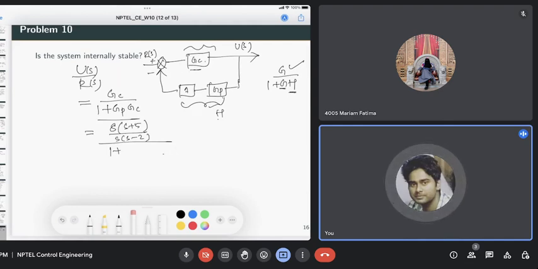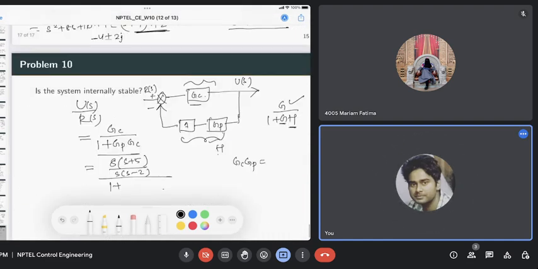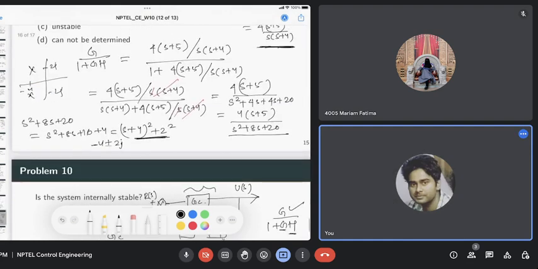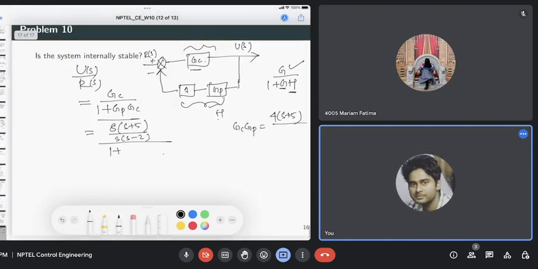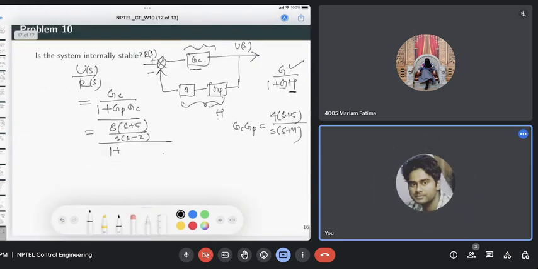We have computed Gc into Gp, so it is already computed: 4 times (s plus 5) by s times (s plus 4). So we will just substitute that for this term, 4 into (s plus 5) by s into (s plus 4).